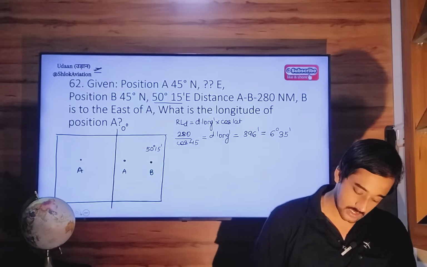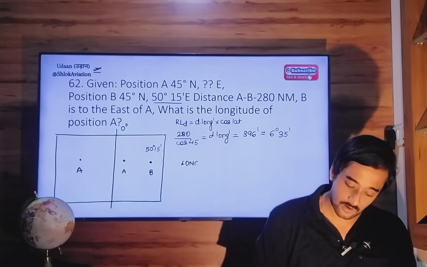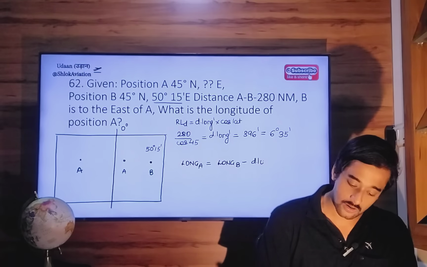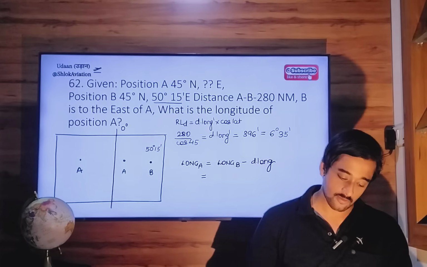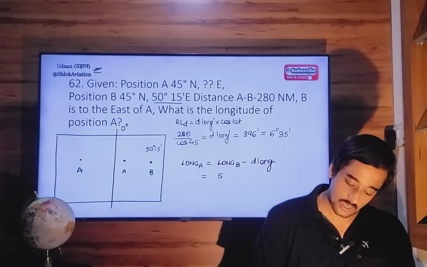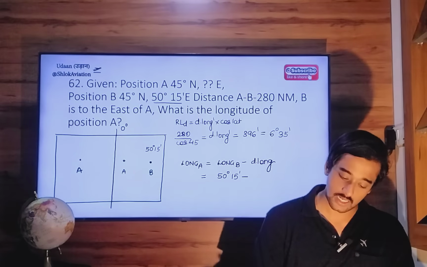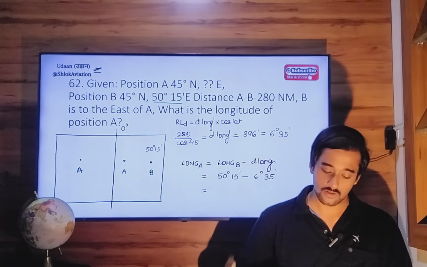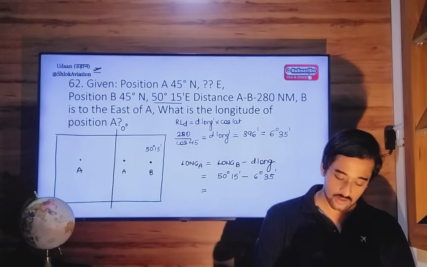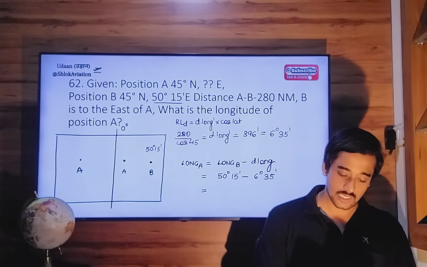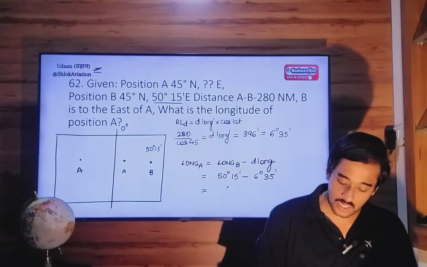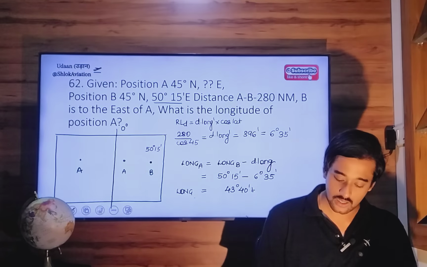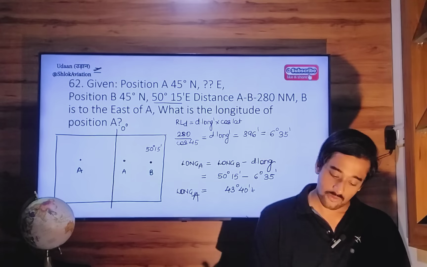So longitude of Alpha equals longitude of Bravo minus D long. Longitude of Bravo is 50 degree 15 minutes minus D long 6 degree 35 minutes. So 50 degree 15 minutes minus 6 degree 35 minutes is 43 degree 40 minutes east. So longitude of Alpha is 43 degree 40 minutes east.